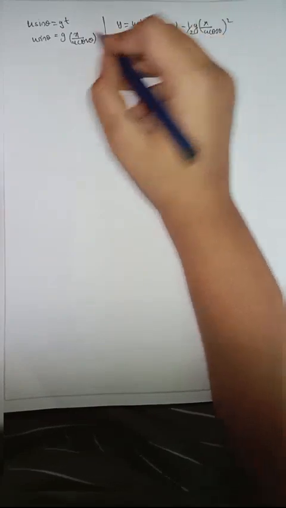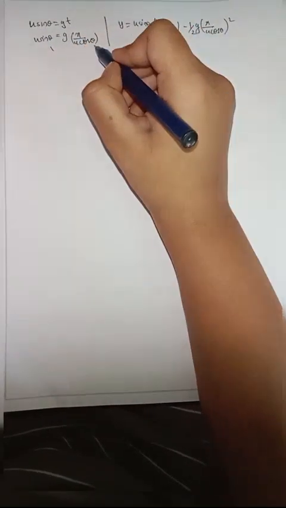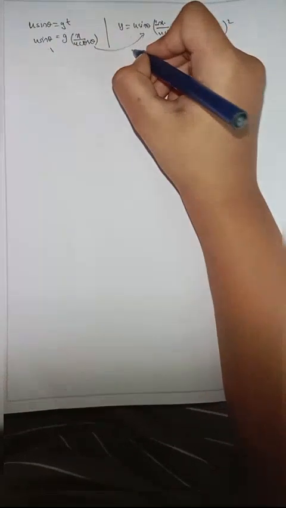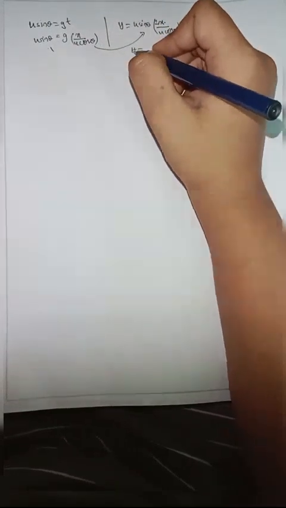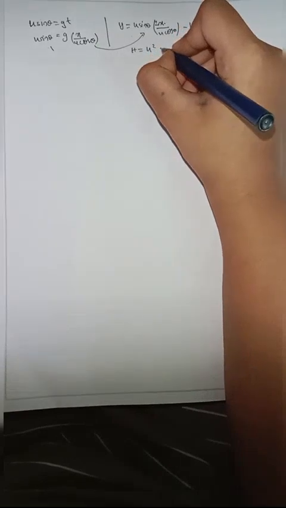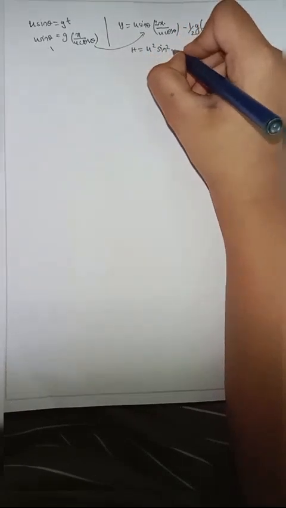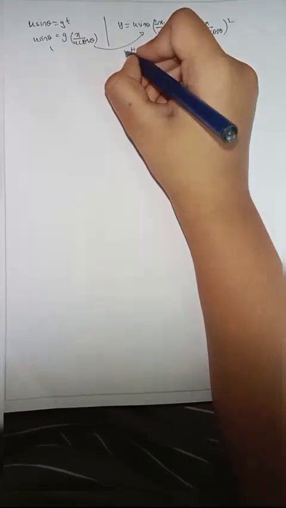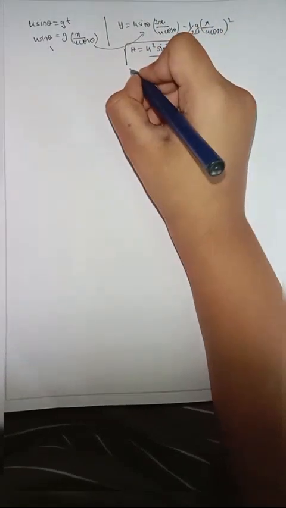We substitute u sin theta here. You may get h equal to u square sin square theta by 2g.